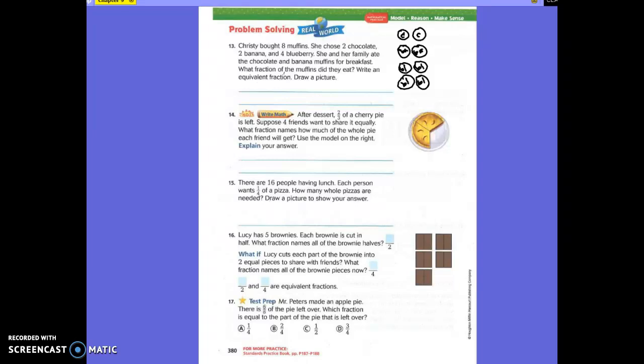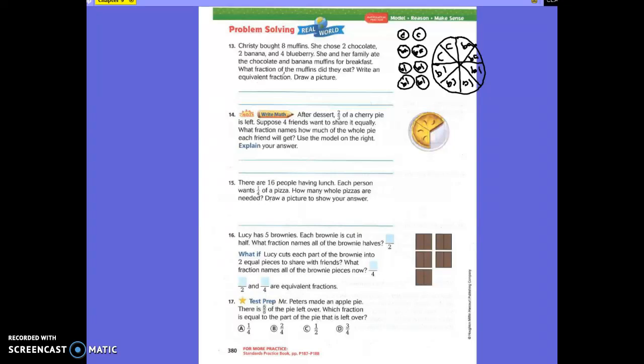Now, I could also make this a different way. I could also make this as a circle. And it says she bought 8 muffins, so I could cut this into 8. Okay. I know that's not exactly equal, but try. And then I could do C for chocolate, BA for banana, and BL for blueberries, right?